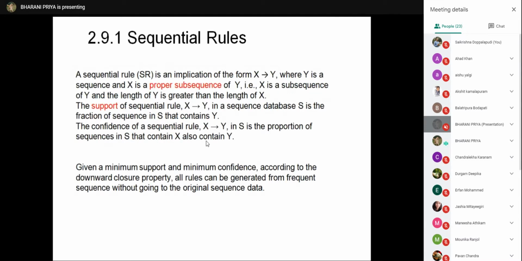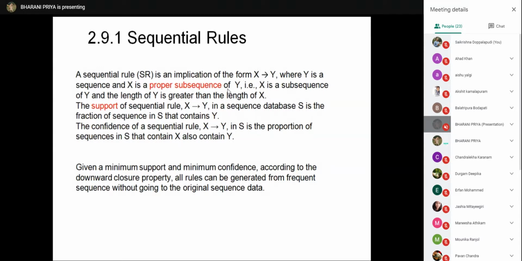A sequential rule is of the form X implies Y, where Y is a sequence and X is a proper subsequence. So X is a subsequence and Y is a super sequence. That means the length of Y is greater than the length of X.